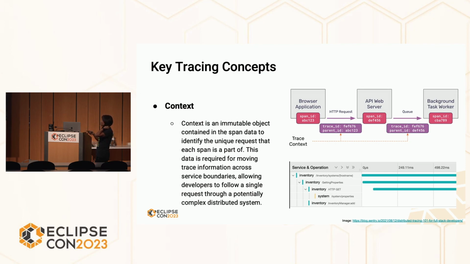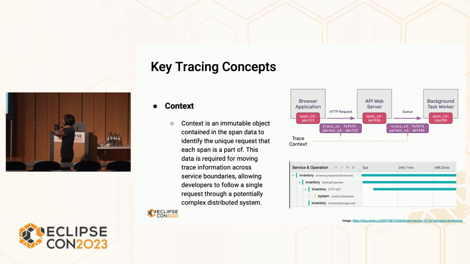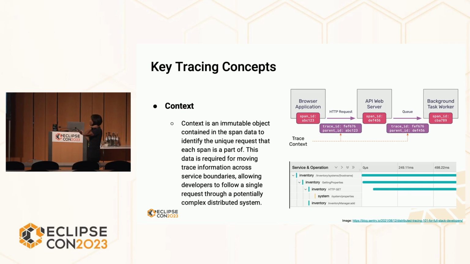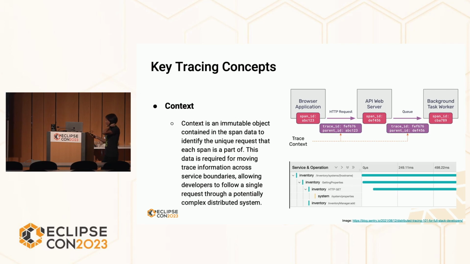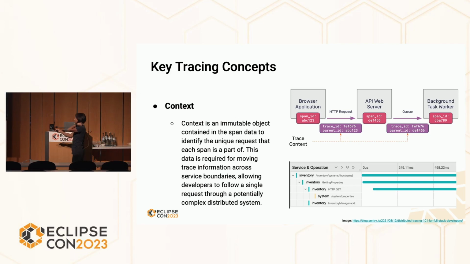However, how do we know that 123 comes before DEF456? That is determined by the parent ID. You know this is 456 and its parent is 123, so that is the order after this parent. This is how it is generated, nicely based on this context data.